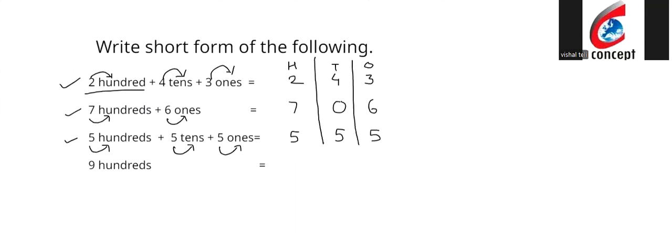900. Now tell me. Okay, we have 900. Okay, so we have to write 9 in H. Okay, but we don't have tens, so we'll write 0. We don't have ones, 0. Okay, do you understand? And there is one more problem, which is 400 plus 110.